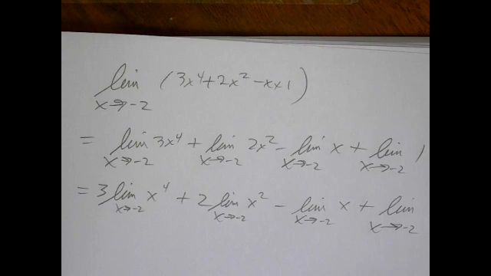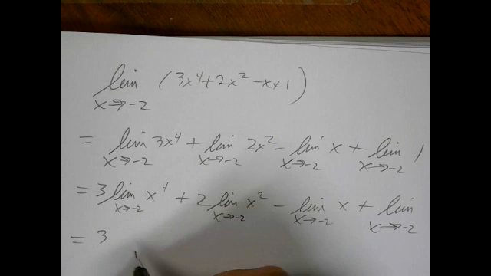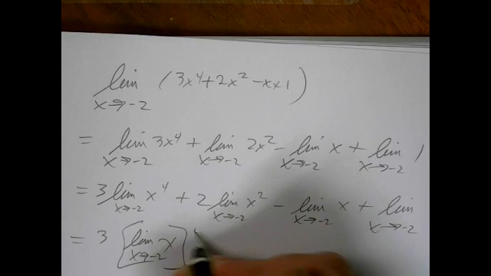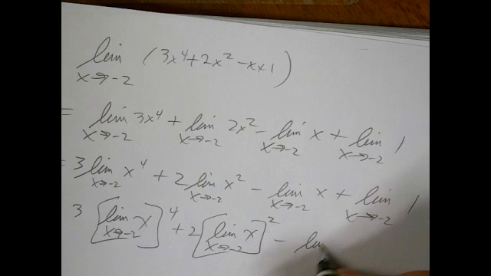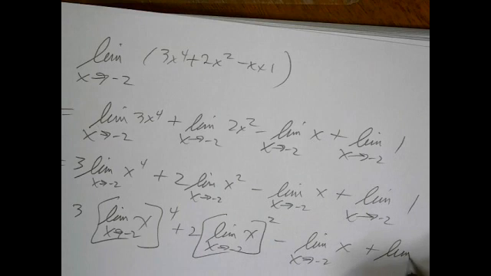All right? Then I'm going to say this is 3 times the limit as x approaches -2 of x, entire limit to the fourth power, plus 2 times the limit as x approaches -2 of x, entire limit to the second power, minus the limit as x approaches -2 of x, plus the limit as x approaches -2 of 1.